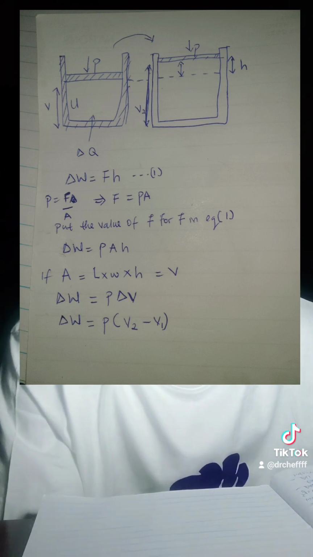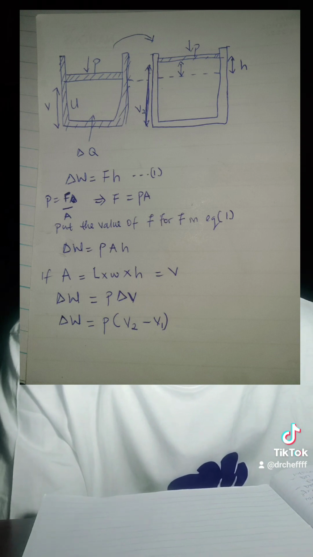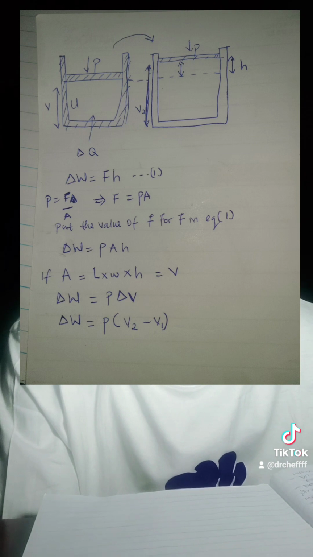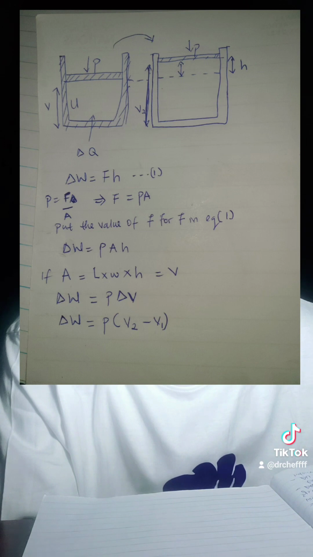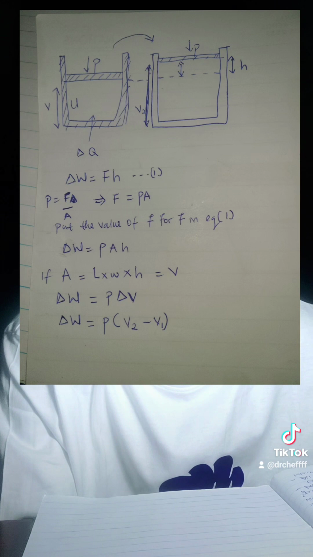Okay, so from there, when you say something is changing, you can also rewrite it as pressure multiplied by the new volume minus the initial volume. So P multiplied by V2 minus V1. So that's how we arrive at the formula for work done in thermodynamics.